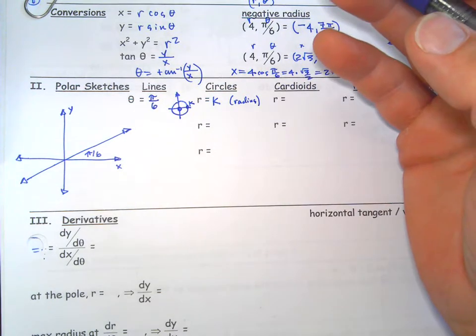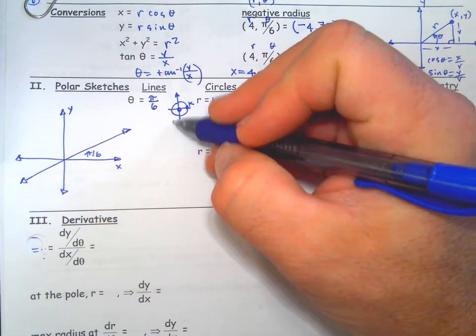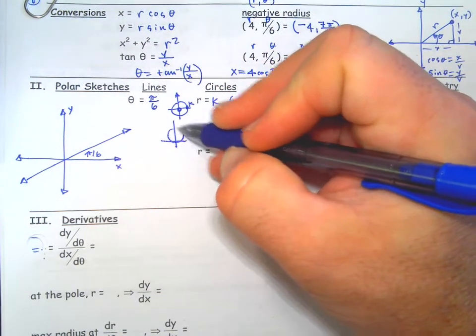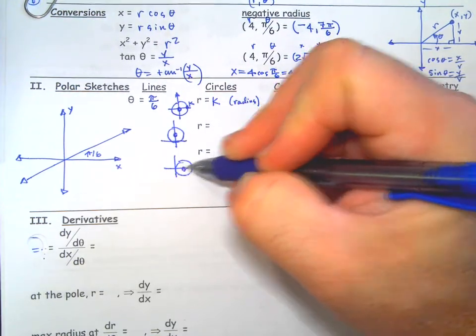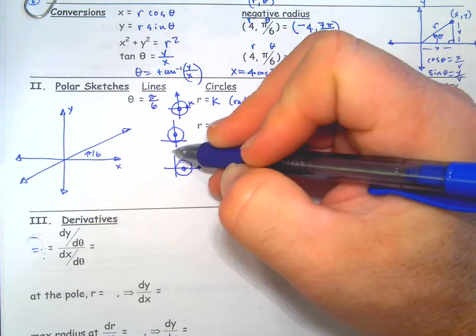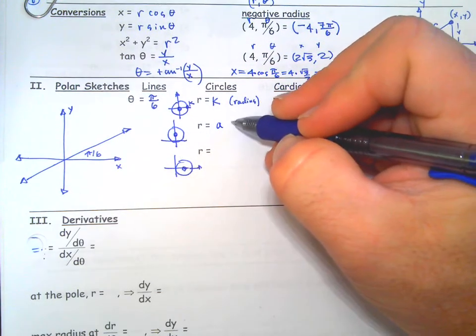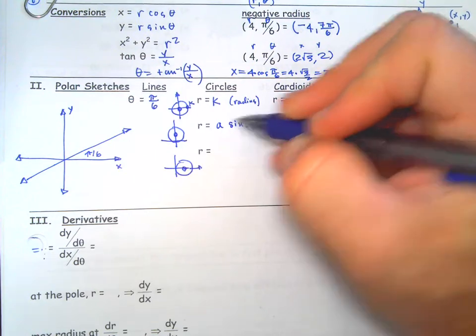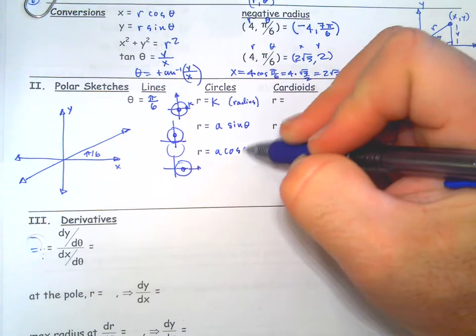Then it doesn't involve angles because it's the same radius all the time. But usually we get these other ones, like you get these ones that are kind of up here, or we get these ones that are kind of over here. Those usually are in the form of a sine theta for the vertical ones, and it could also be down here, and a cosine theta for the horizontal ones.